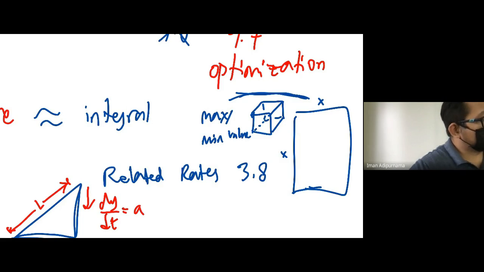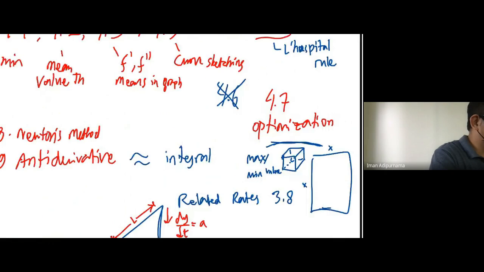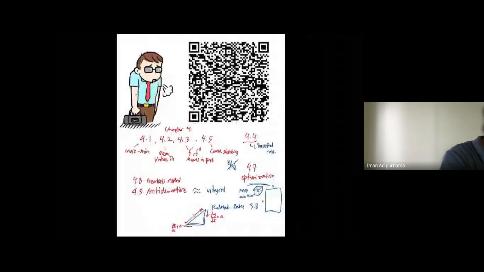You will be given long word problems that I think you don't like, right? Sometimes it's difficult to understand. So I hopefully within these chapters I can give you some tips on how to solve the problems. So that's optimization.